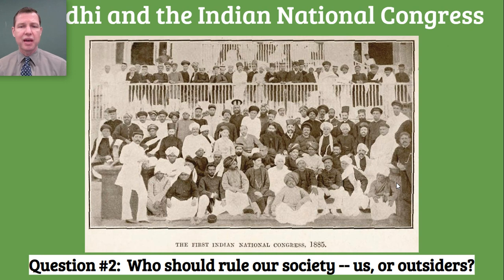His efforts had given him a reputation, so that even before he returned to India, he was well known, well respected in the Indian National Congress. So when Gandhi returned to India in 1915, he was elected the president of the Indian National Congress, and the question was, which side will he come down on? Will he be down on the side of independence for India, or will he be down on the side of independence is not necessary? We just want a greater role for governing ourselves. So we'll see how that goes.